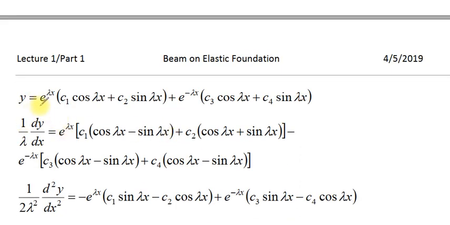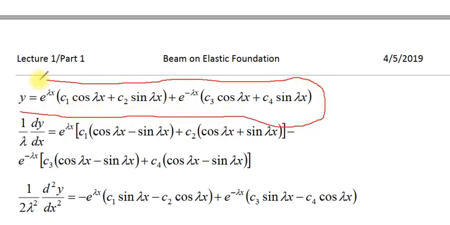So y equals e to the lambda x (c1 cosine lambda x plus c2 sine lambda x) plus e to the minus lambda x (c3 cosine lambda x plus c4 sine lambda x). It is the general form of the deflection of a beam on an elastic foundation.